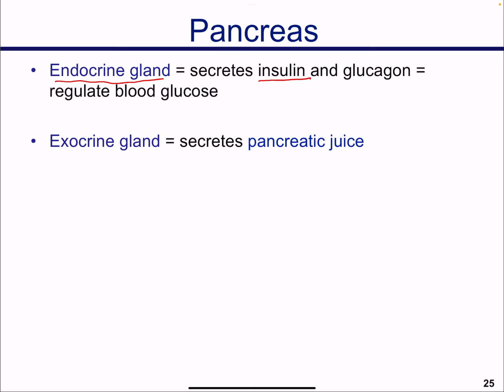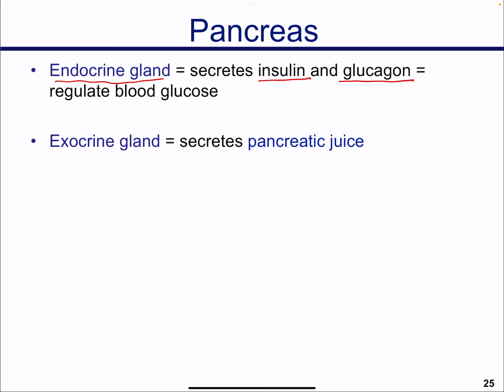The second hormone is glucagon. While insulin causes a decrease in the amount of sugar in the blood, glucagon is going to do the opposite. It's going to cause an increase in the amount of sugar in the blood. It's basically part of homeostasis, right?